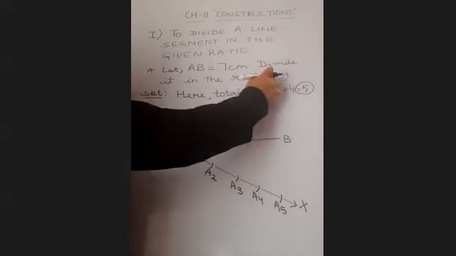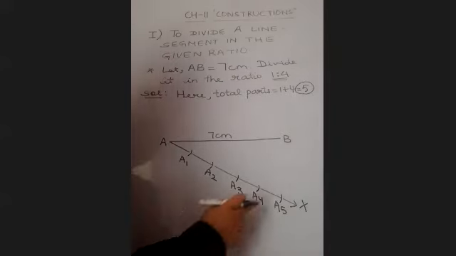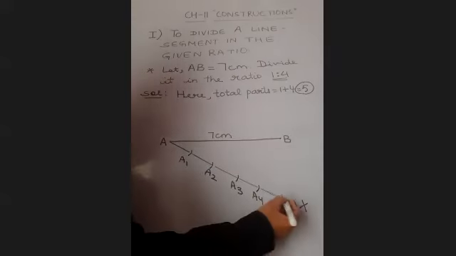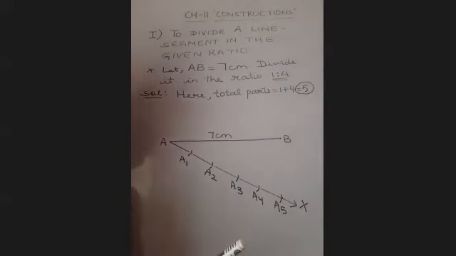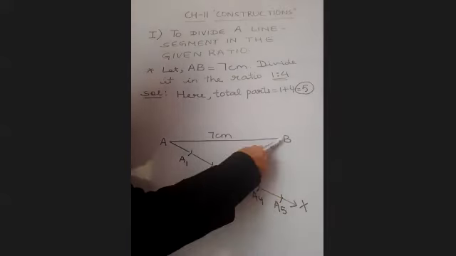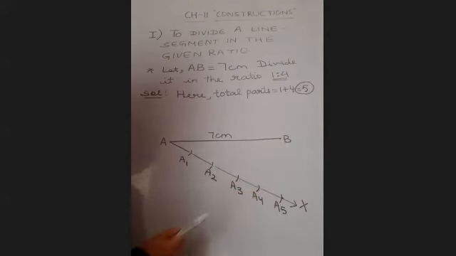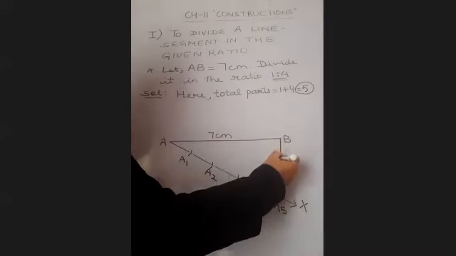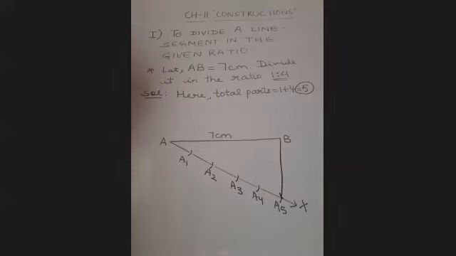Now as we have to divide in the ratio 1:4, what you are going to do is, first of all, you join this B, that is end point of the line segment, to the last ratio with the help of scale. I repeat, join the end point of line segment with the last ratio 5, A5 with the help of a scale. So you will join B to A5. Okay?